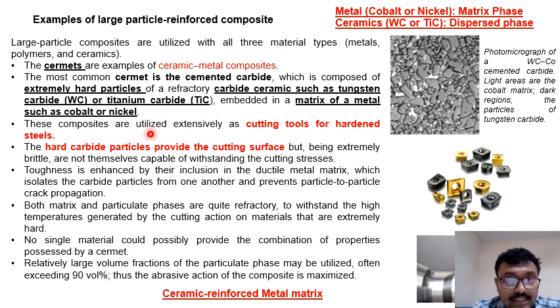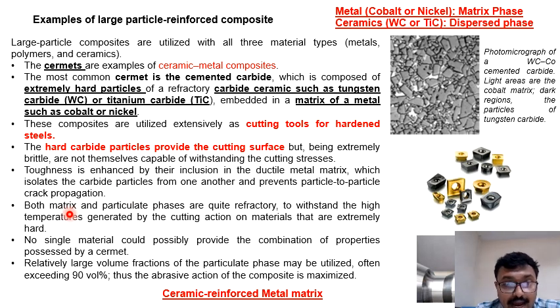These composites are utilized extensively as cutting tools for hardened steel. The hard carbide particles provide the cutting surface, but being extremely brittle are not themselves capable of withstanding the cutting stress. Toughness is enhanced by their inclusion in the ductile metal matrix, which isolates the carbide particles from one another and prevents particle-to-particle crack propagation.